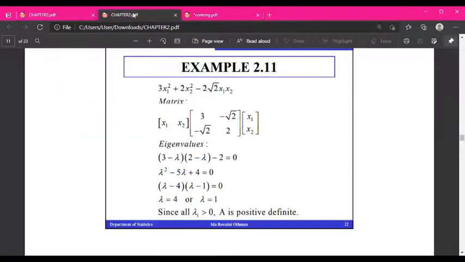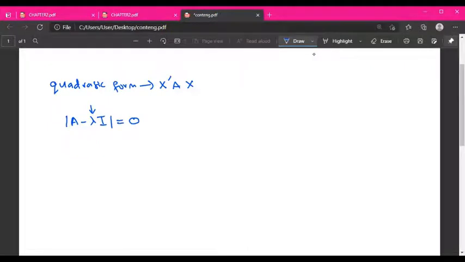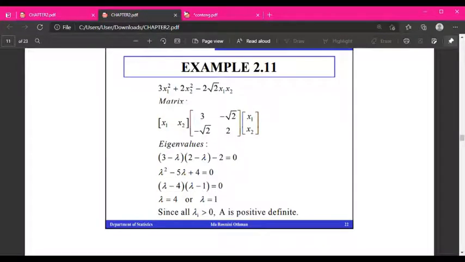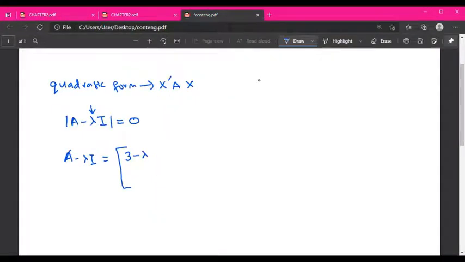So dia akan dapat di sini. Ini matrix A kan? Saya tak boleh nak tulis kat tepi ni. Saya tulis kat sini. So matrix A minus lambda I will be, tadi 3 kan? 3 minus dengan lambda. Kat situ negative square root of 2 minus 0.